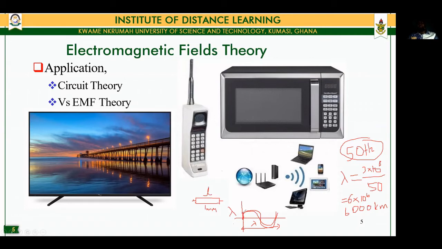And therefore you can see that the amplitude is still the same. So in the case of circuit theory, the approximation that is made is that there is no variation in terms of the voltage and the current as you move from one point of the component to the other point, because it is very small compared to the distance of the wavelength. And because of that, voltages and currents are discrete.